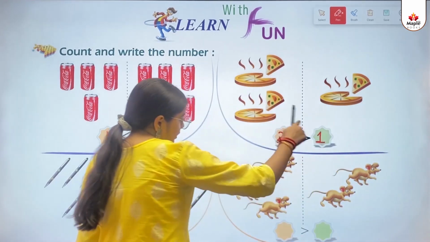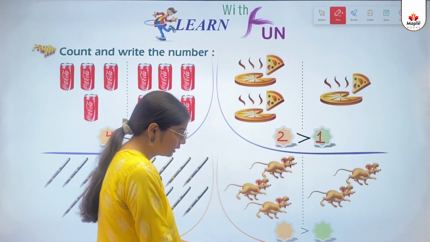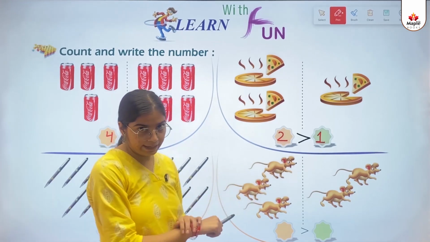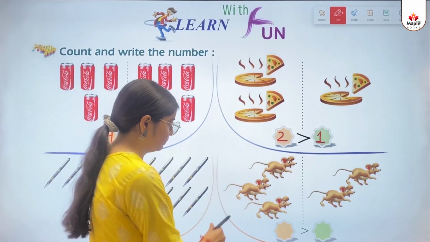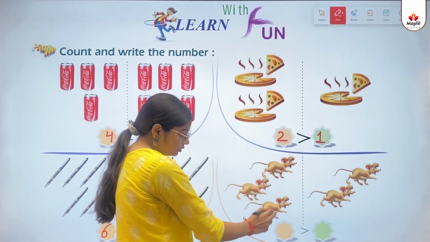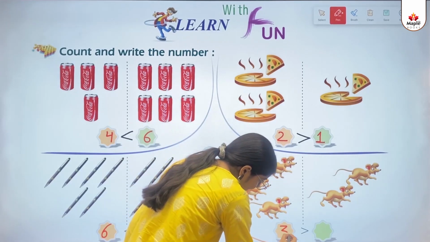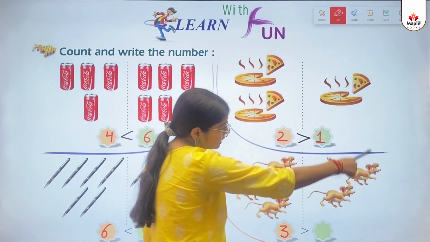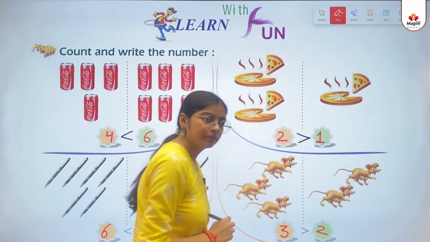Then, the last part on this page, you can see 2 sides. The given picture is of rats. We will count 1, 2, 3. There are 3 rats in the first side. So, we will write 3. And on the other side, there are 1, 2 rats.